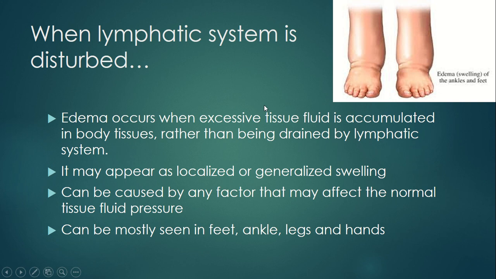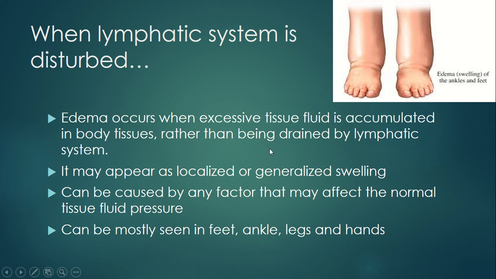This edema appears as swelling in different body parts, and these swellings could be localized or generalized. Localized means the swellings appear in some specific parts, like the ankle, feet, or hands.